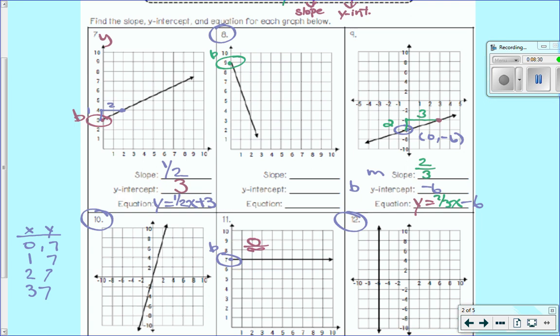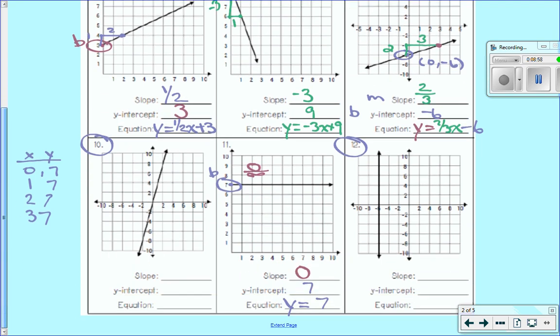That represents our B, which is our y-intercept. And we can start at that point. And it looks like we're going down. How many units? 6. Good. And we run 1. So our slope is good. And then your equation is? Questions? Clarify anything.